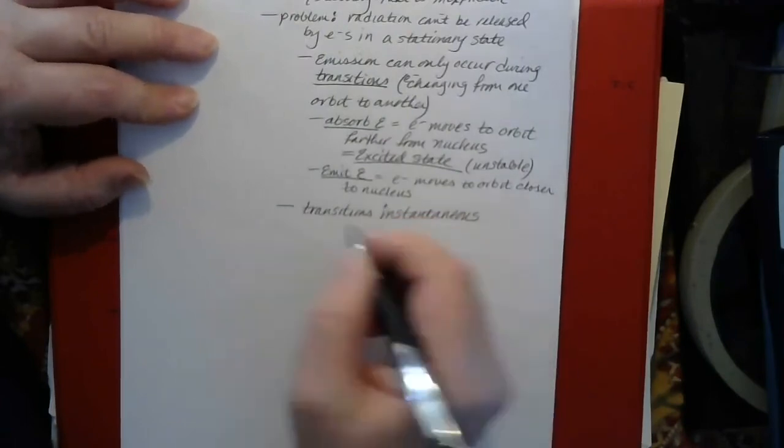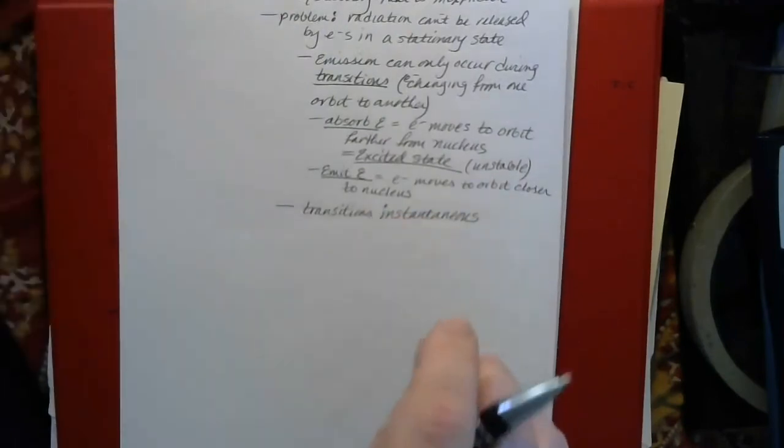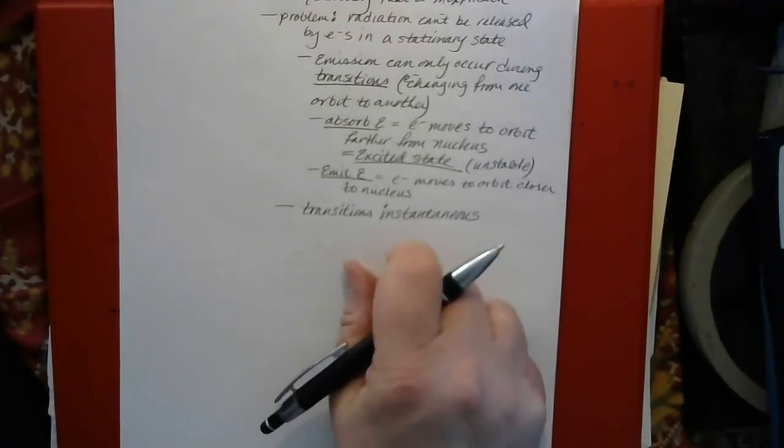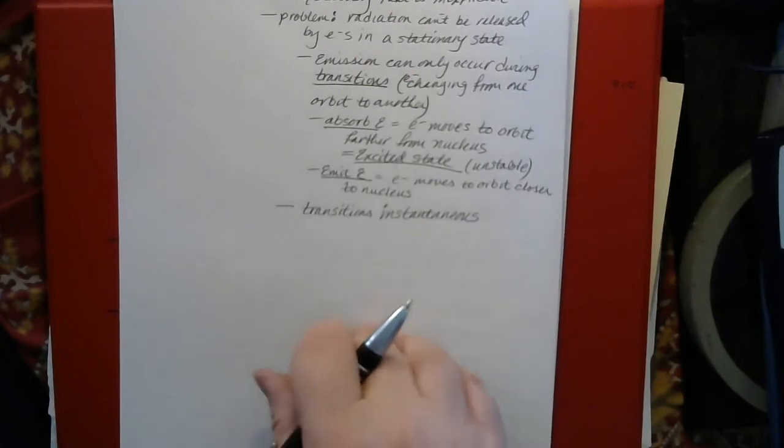So one of the ways in which electrons are weird is that the electrons in the Bohr model of the atom can only exist in one of these orbits. They cannot exist in transition from one orbit to another. So it's not actually the case that an electron moves from the first shell in the atom to the second shell.